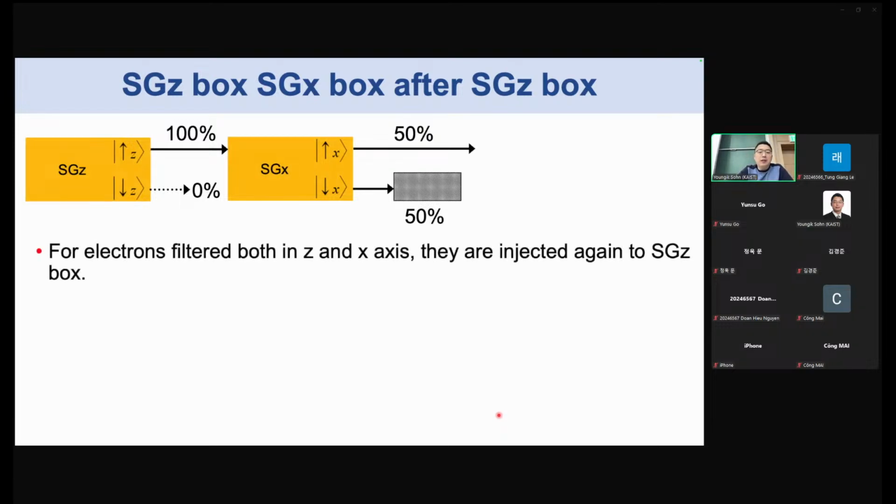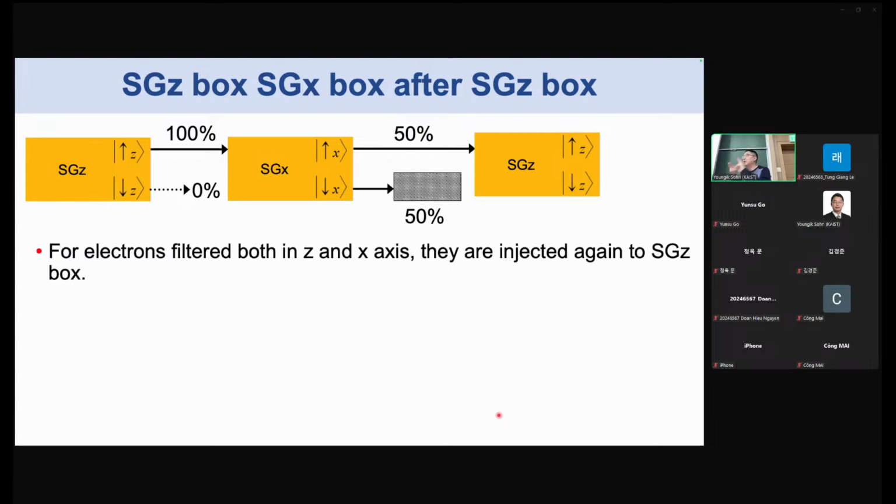Then there is another experiment. This is the highlight of the Stern-Gerlach experiment. Now you can block off the result of the previous slide. So you only select Z up first, and then you pass through X up. And then you feel like, okay, I filtered twice. First time Z up, second time X up.